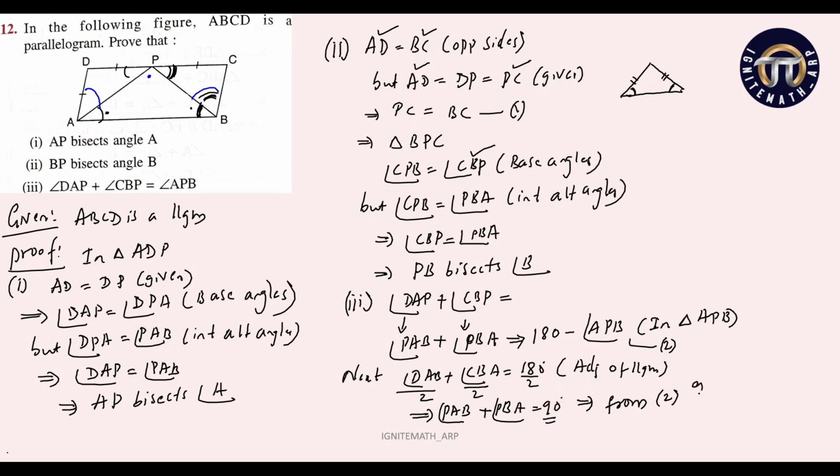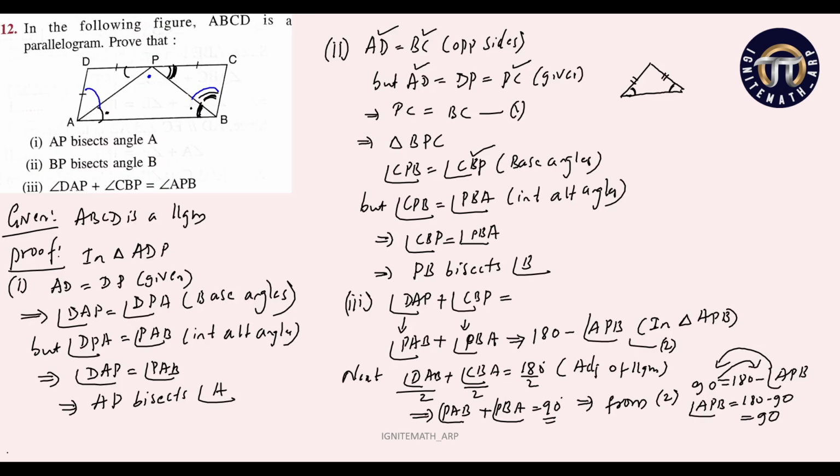So now I'll write 90 equals 180 minus APB. Right. So I can write angle APB is equal to 180 minus 90, that is equal to 90. Clear? I got APB is also equal to 90 degrees.